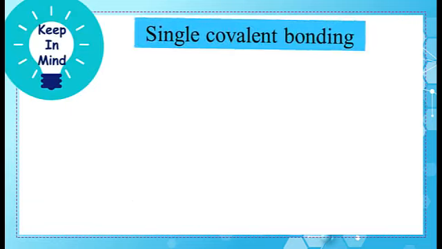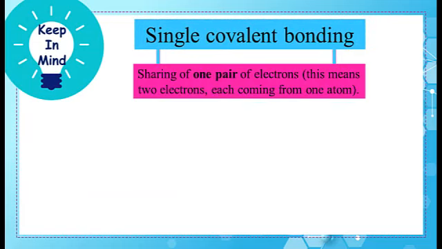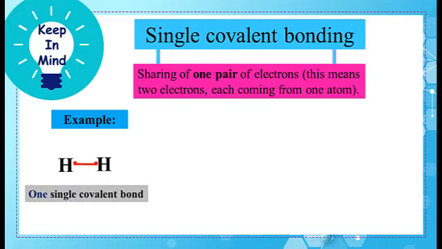Keep in mind that single covalent bond is sharing of 1 pair of electrons. This means 2 electrons each coming from 1 atom. As an example, in H2, each hydrogen atom will share with the other hydrogen atom 1 pair of electrons, forming 1 single covalent bond.